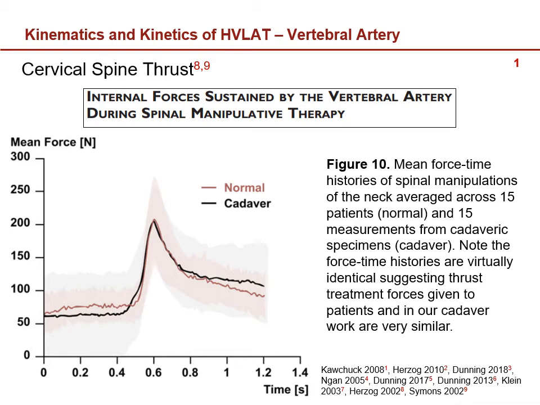This schematic demonstrates the research of the same research group that looked at their manipulations and the forces applied, the speeds, etc., from normal manipulations on live individuals to that of the cadaver specimens. And you can see that the mean lines, as denoted by the red and the black lines for normal and cadaver studies respectively, are quite consistent with one another.